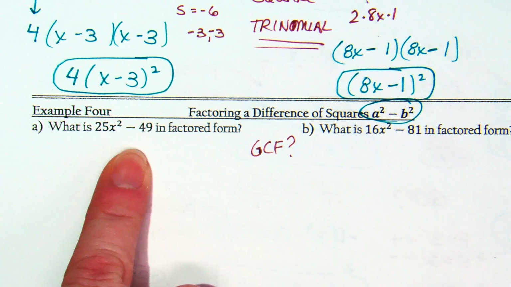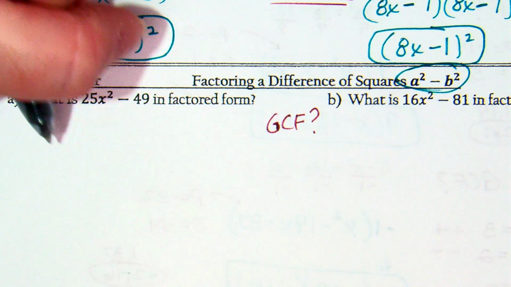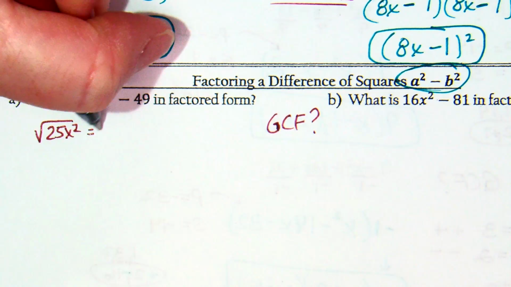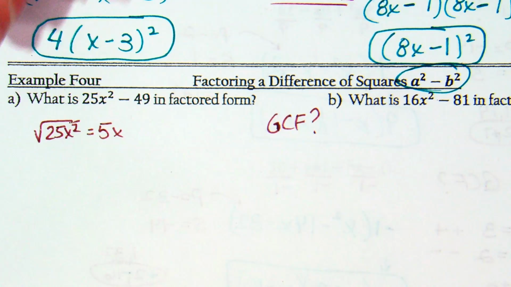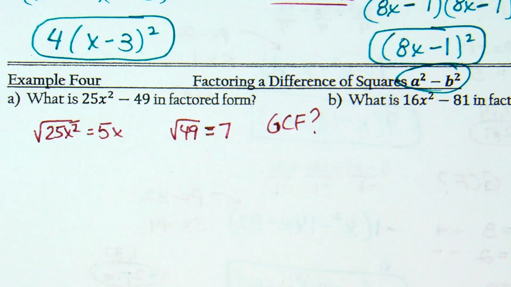So this is the idea of it's a perfect square minus a perfect square. So like the last one, think square roots. What's the square root of 25x squared? 5x? What's the square root of 49? Okay. That's all you need to know to do this.